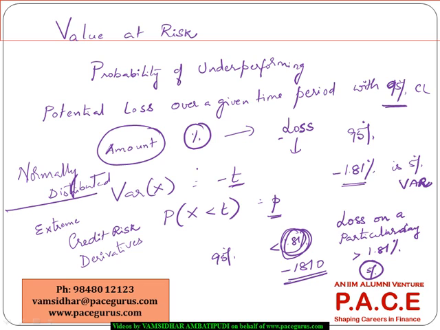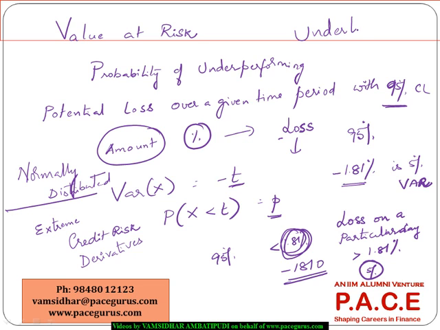Wherever these kinds of situations are involved, you need to really identify the underlying distribution, and based on that underlying distribution find out the appropriate probability density function, and based on that only can we compute the VAR. So the computation of the value at risk depends on the underlying distribution.